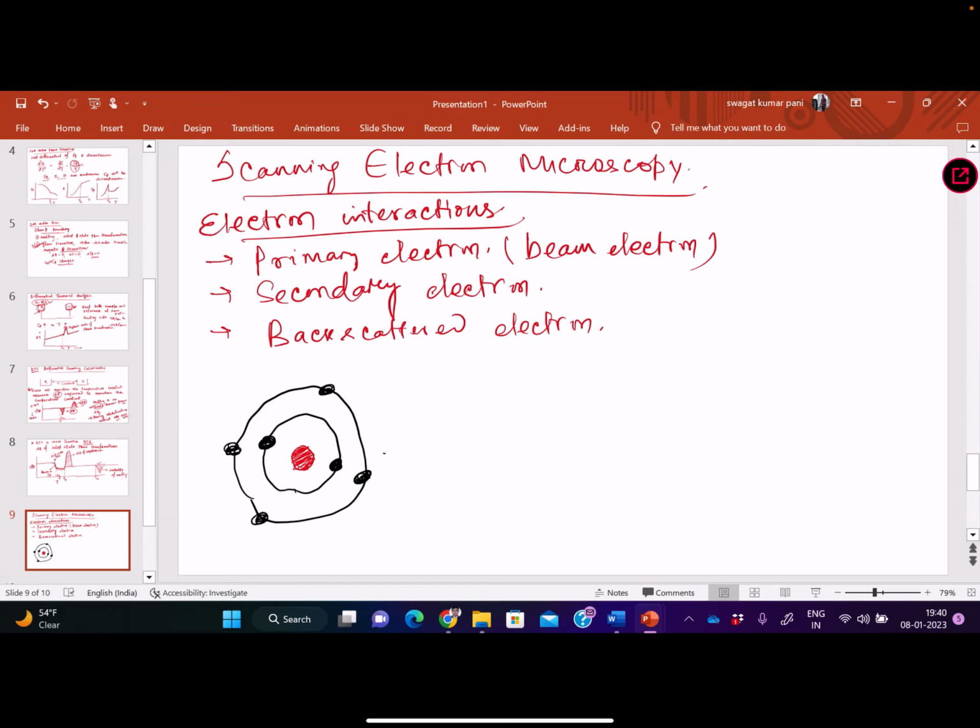Suppose you have electrons like this, and this is our nucleus. So we have an electron beam. Let's take one electron. Let's consider the primary electron, that is the beam electron, that hits this electron, and this is removed.